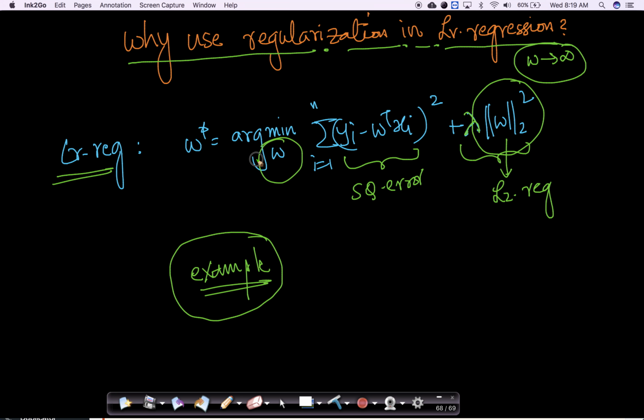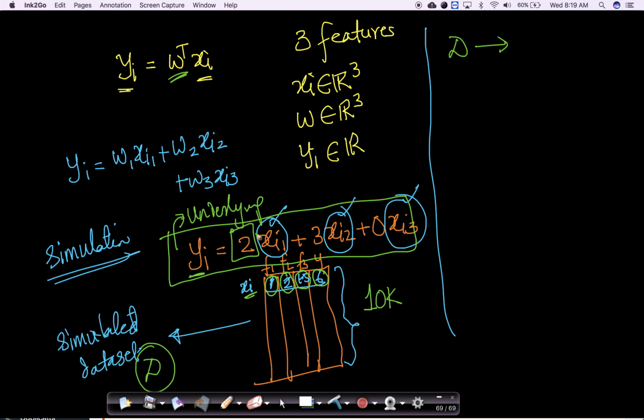Imagine somebody created this data set for you and didn't tell you these weights. They withheld the weights and just gave you the data set, and asked you to fit a linear regression model. At the end of it, what is the ideal solution here?